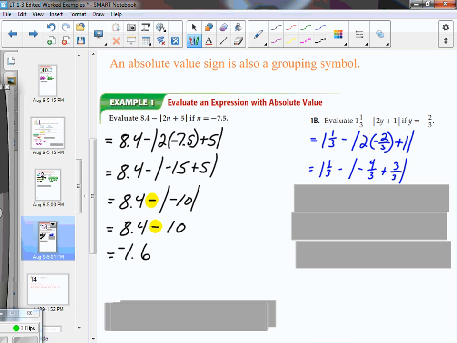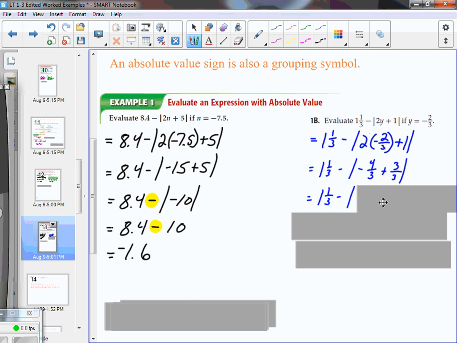Ooh, and look what I did, though. Why on earth did I write the 1 as 3/3? Because it equals 1, and I need a common denominator, don't I? To add or subtract fractions, I need a common denominator. So keep that as 1 1/3 minus, now inside, so look, I still have the absolute value sign there.